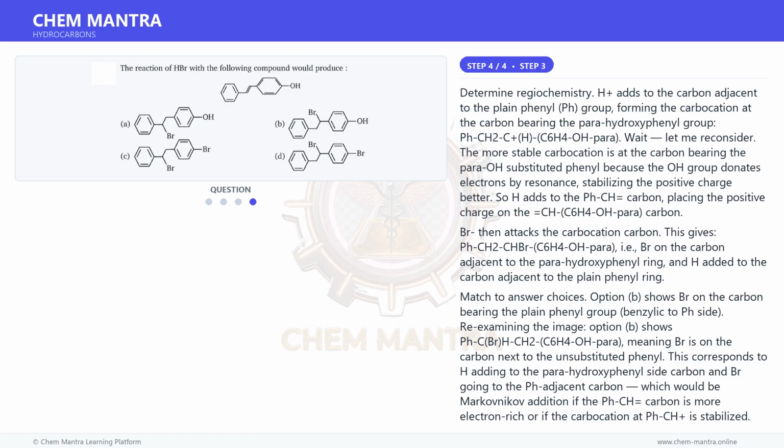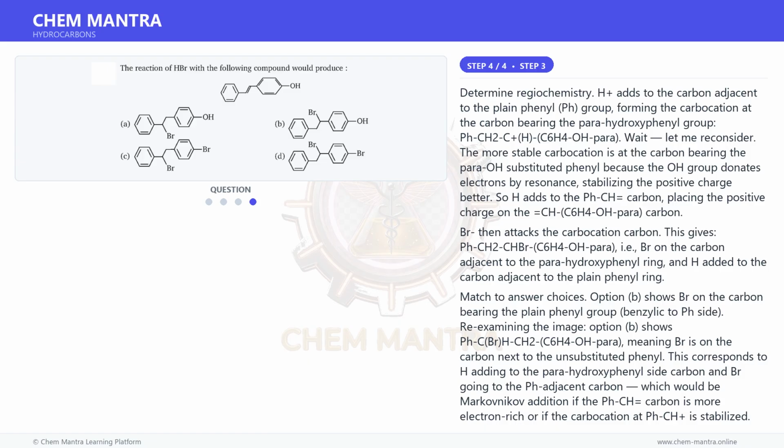No, H+ adds to the less substituted or less electron-rich end. The para ring is electron-rich, making that vinyl carbon more nucleophilic, so H+ preferentially adds there, placing the carbocation on the PhCH+ carbon. Br then attacks the PhCH+ carbon, giving PhCHBrCH2C6H4-para, which matches option B.